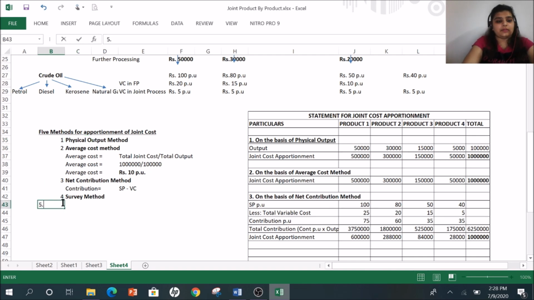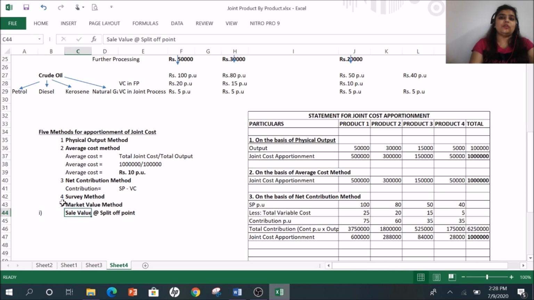Coming to the fifth method, the last method and the most important method, that is the market value method. This method is again divided into three parts. The first part is on the basis of sale value at split off point.